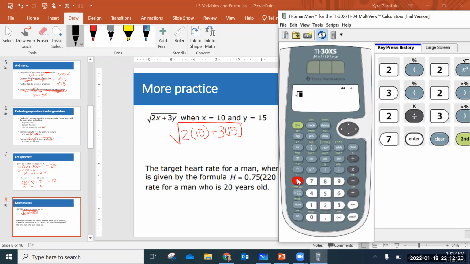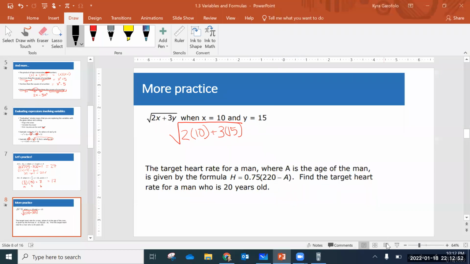So we're going to do the square root of 2 times 10 plus 3 times 15 and press enter. And it's going to be the square root of 65. Now remember, if we want to get the decimal version of that, we can hit the convert and it'll tell us it's about 8.06 and some change. So the square root of 65 or 8.06.